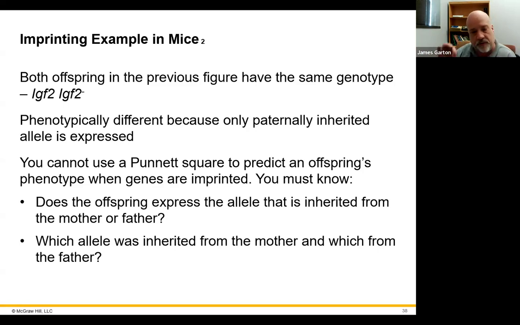Now, you can construct a Punnett square that will allow you to make a guess, but then you actually have to do the physical cross to see your results and then see which combination of inheritance patterns match the phenotypes that you observe.